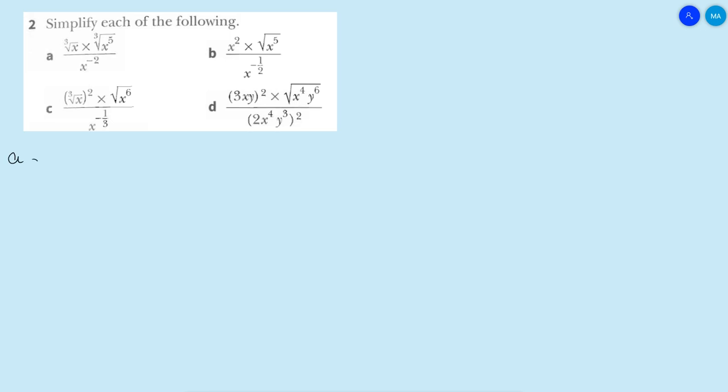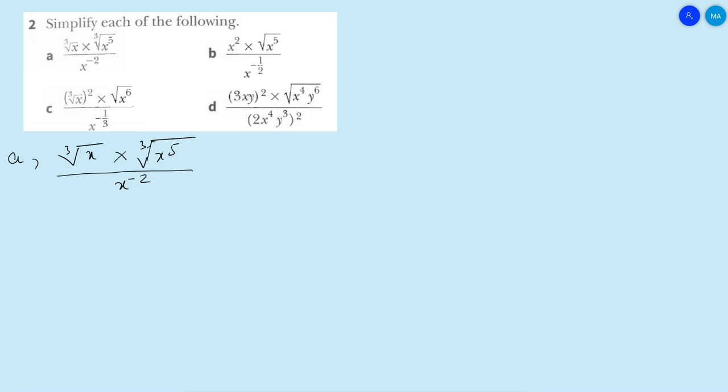Part A. Cube root of x multiply by cube root of x5 upon x minus 2.